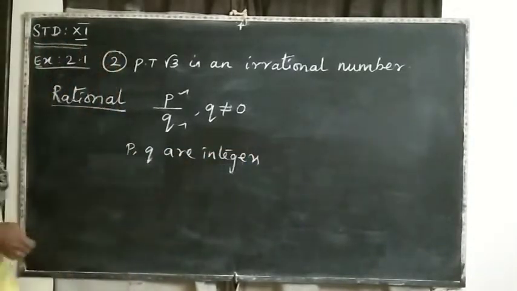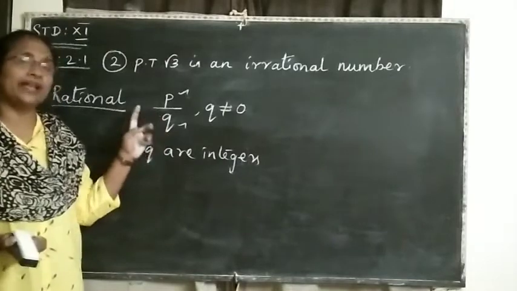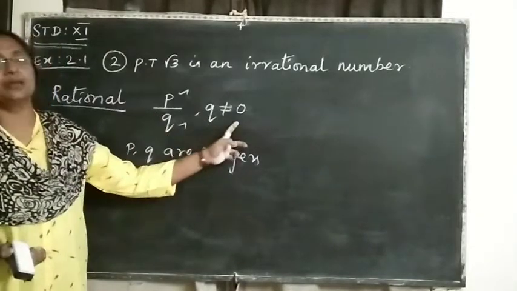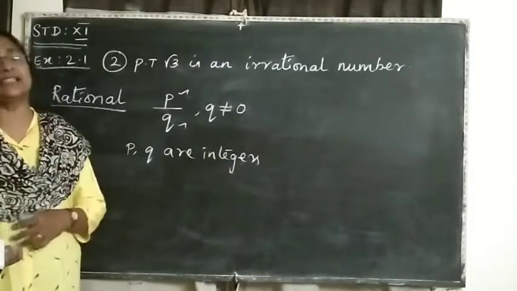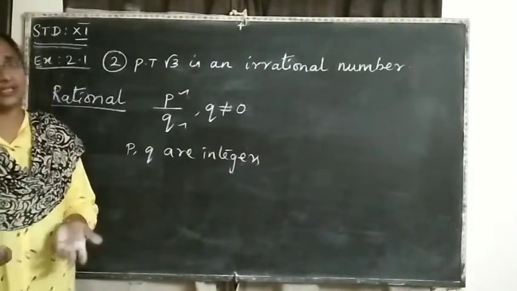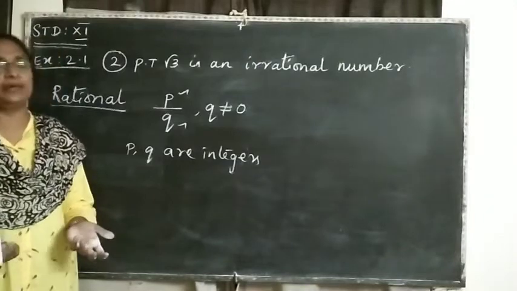So a rational number can be expressed in the form p divided by q, where q should not be equal to 0 and p and q are integers. Integers can be positive numbers or negative numbers.